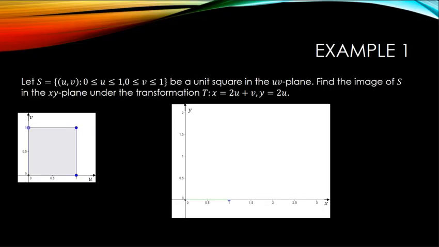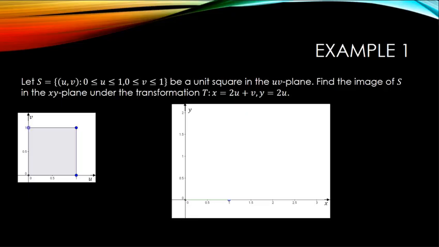Here's an example. If I let S be the set of all points (u, v) such that 0 ≤ u ≤ 1 and 0 ≤ v ≤ 1, this is a unit square in the uv plane. We want to find the image of S in the xy plane under the transformation T such that x = 2u + v and y = 2u.